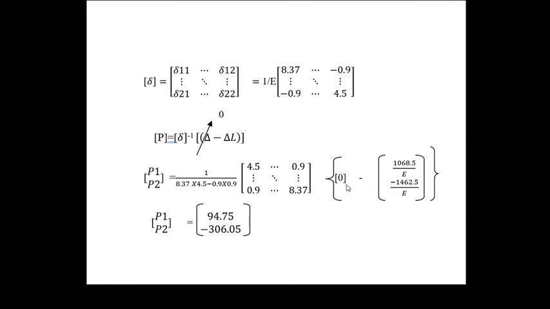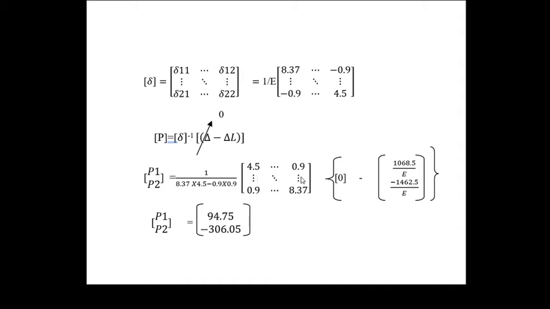Then there is no sinking given, therefore delta 1L is equal to 1068.5 by EI, that is E, and delta 2L is equal to minus 1462.5 by E.